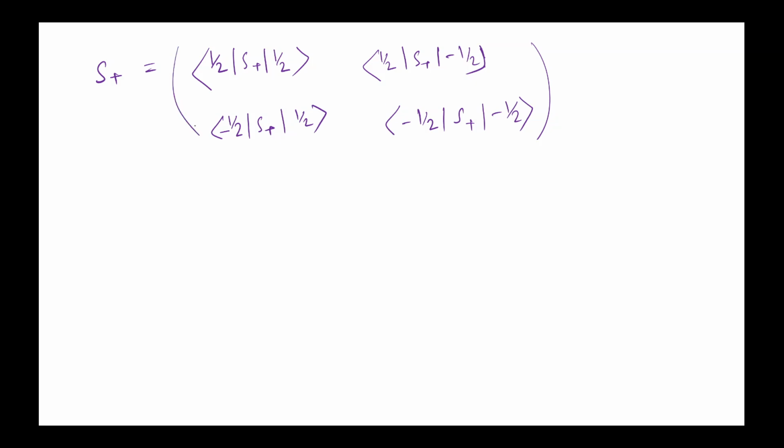So what do I mean by this plus or minus half? As I've just mentioned before, I have denoted half plus half as half, and half minus half as minus half, just for clarity of notation.